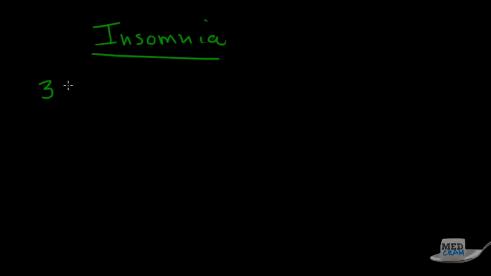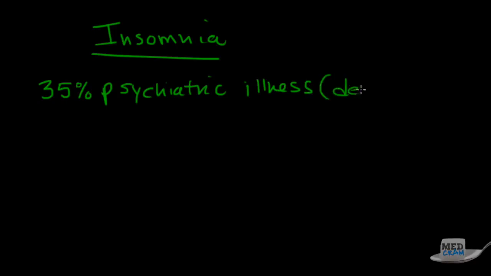Well, it turns out the biggest reason for people to have insomnia, so 35% of people who have insomnia, have some sort of psychiatric illness. And what I mean by that is depression. So you got to know that in terms of treatment, because if you don't treat the depression, the insomnia is not going to get better.